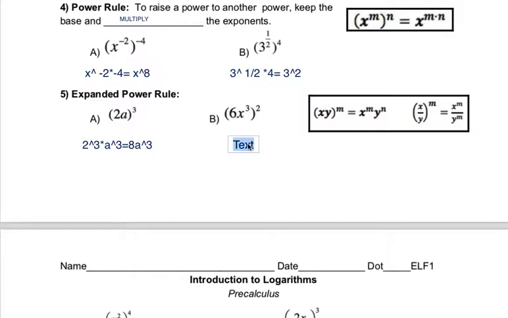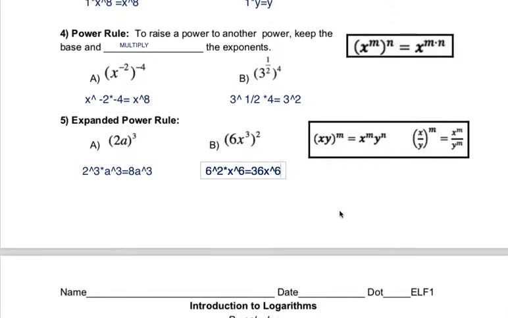In example B, this is 6 squared times, and here I also am using my power rule, so it becomes 6 squared times x to the 6, or I can rewrite this as 36 x to the 6.